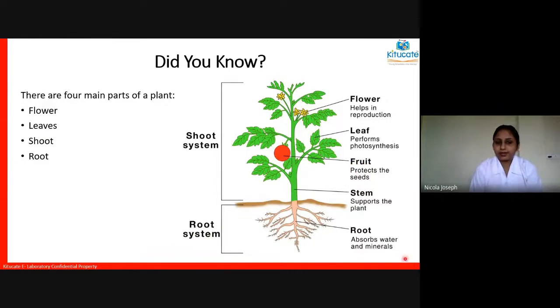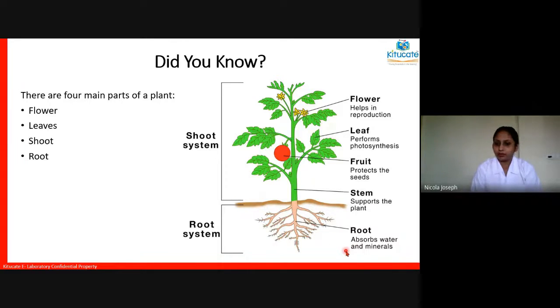As we already discussed, the plant is actually having two systems. The first is the shoot system, which lies above the ground, and the second is the root system, which lies below the ground. So the root system has roots. And what does the root do? It absorbs water and minerals, and it holds the plant tightly to the soil.